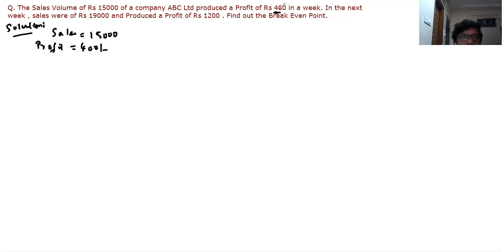In the next week, the sales amounted to rupees 19,000, and that sales gave a profit to the company of 1200. So our objective is to find the break-even point.